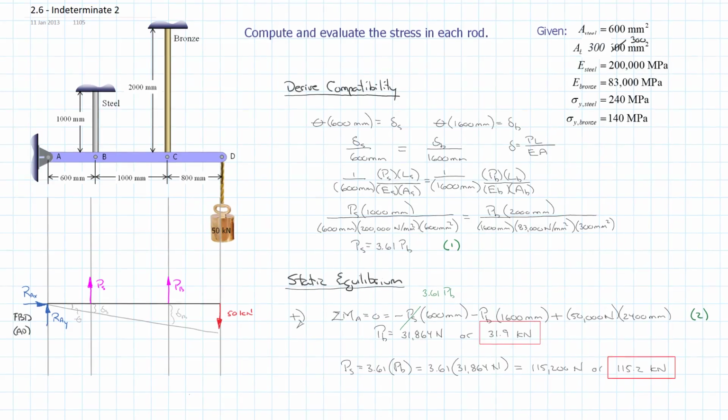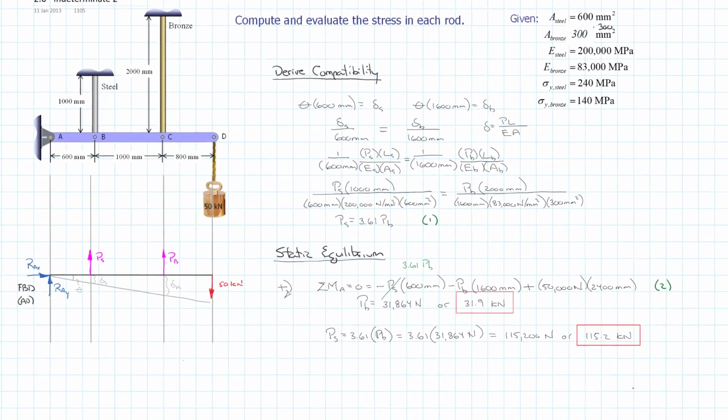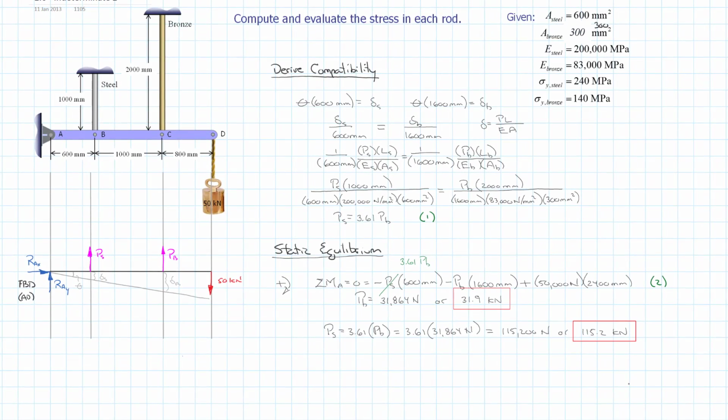So now the problem says to compute and evaluate the stress in each of the rods. So let's look at the two rods then. Determine stress. And we have stress in the steel is equal to the force in the steel divided by the area of the steel.